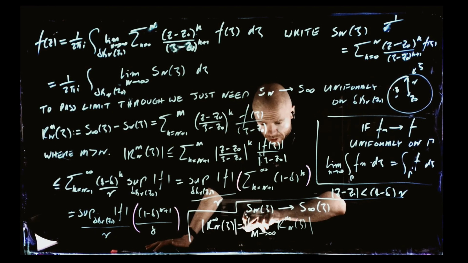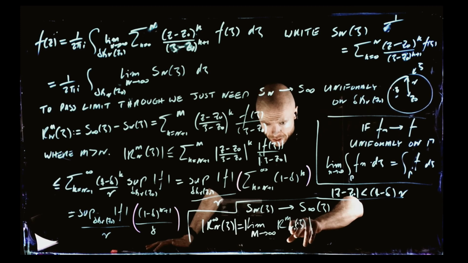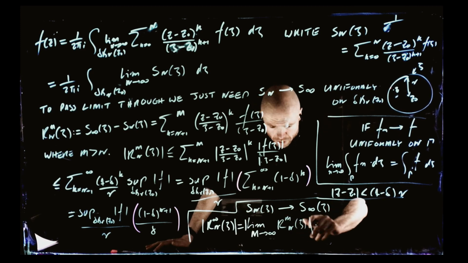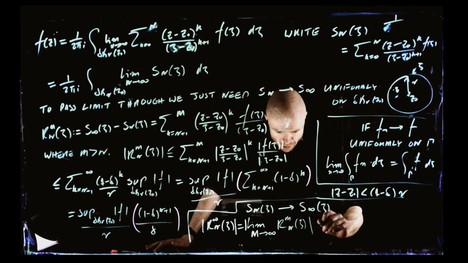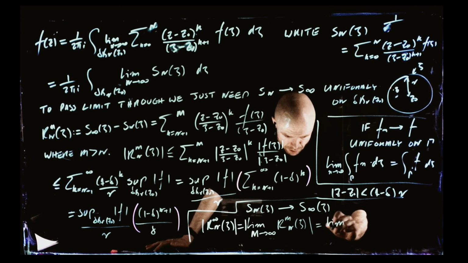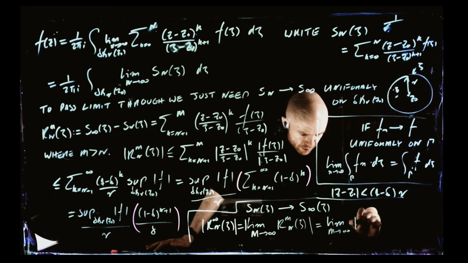And the absolute value is continuous, right? And we have that this thing is indeed converging to this thing because of this estimate. So this is equal to the limit as m goes to infinity of this guy.